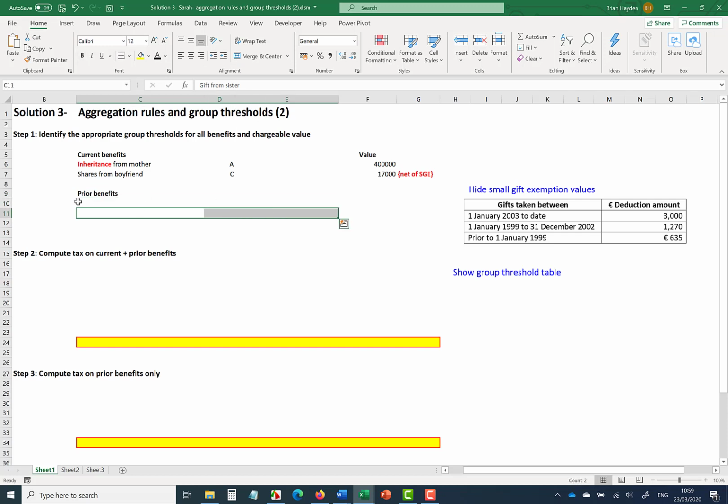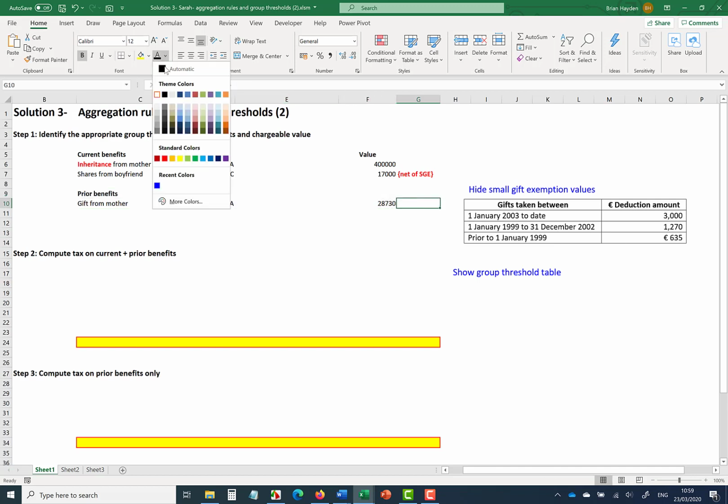So she got a gift, first of all, from her mother. That's going to be an A benefit. And it was received when the appropriate deduction was €1,270. So again, the date of receipt of that benefit was 2002. So we deduct €1,270 off the value of the benefit.